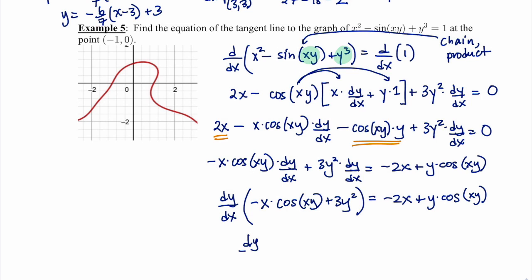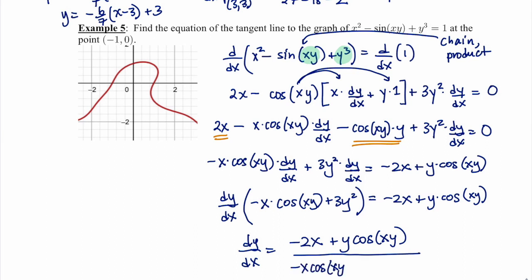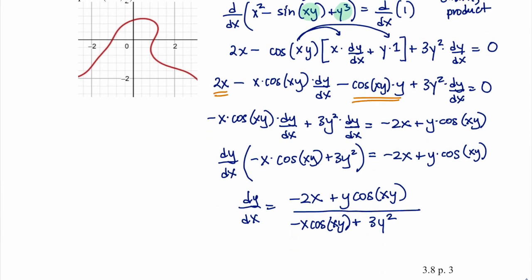And then we have dy dx will be negative 2x plus y cosine xy divided by negative x cosine xy plus 3y squared. So quite a bit of work just to get to the derivative, and this will give us the slope of the tangent line.